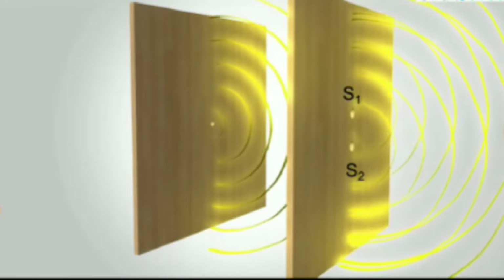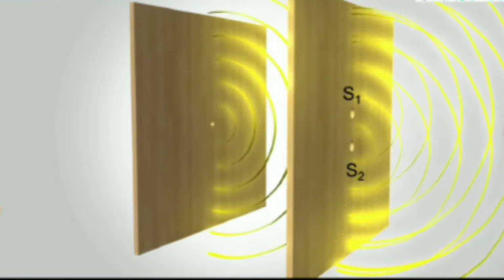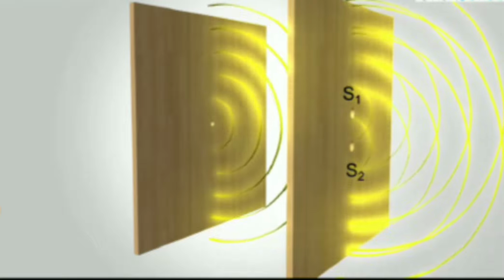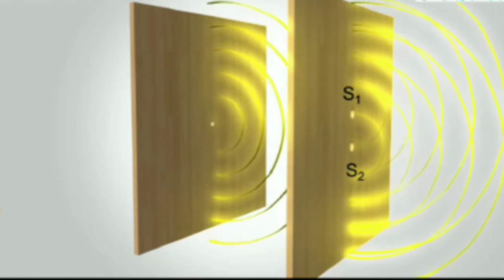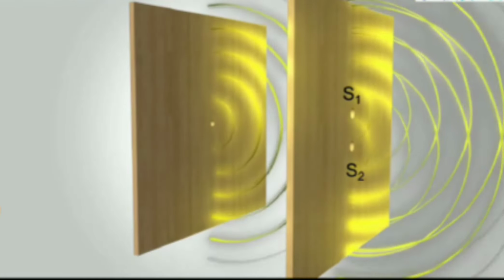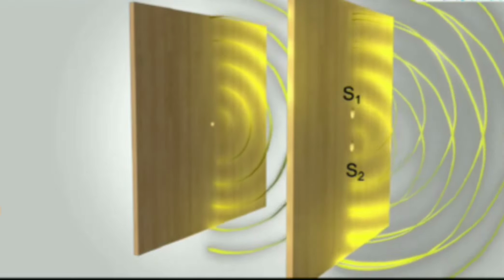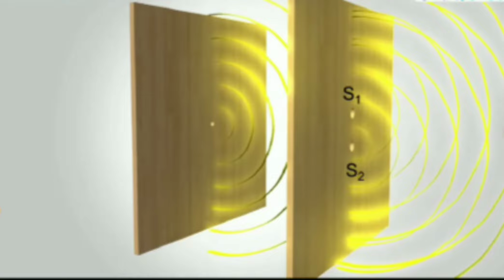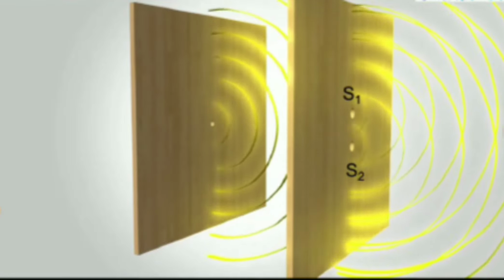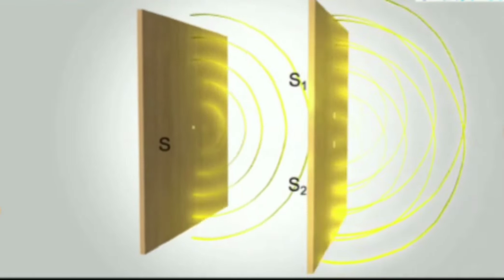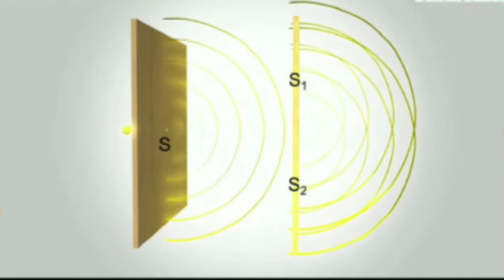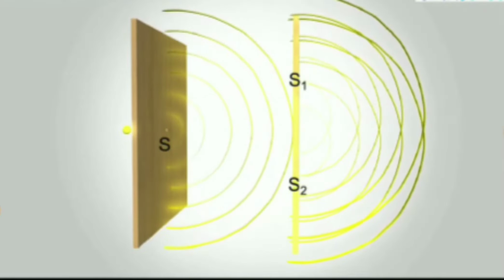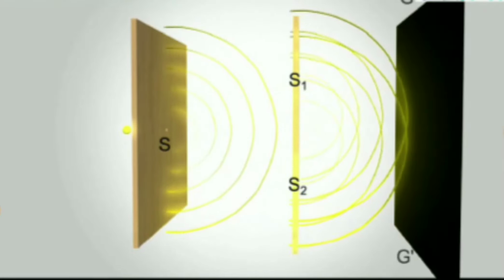When S1 and S2 are illuminated by the incident light from S, they behave like two point sources of light and emit spherical waves to the right of the screen. In fact, S1 and S2 behave like virtual coherent sources of light. These spherical waves from S1 and S2 can be made to interfere on the screen GG' placed in their path.